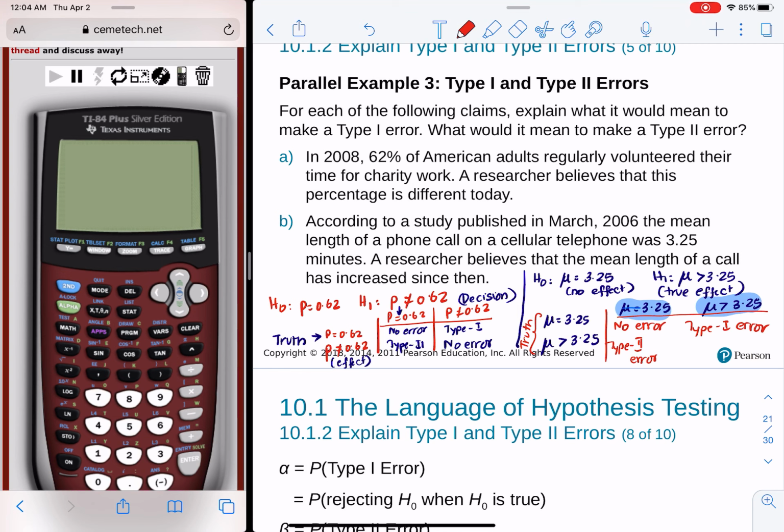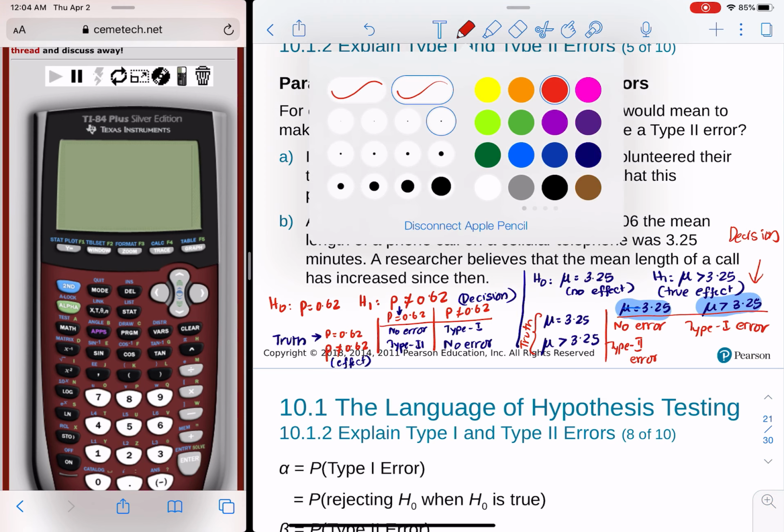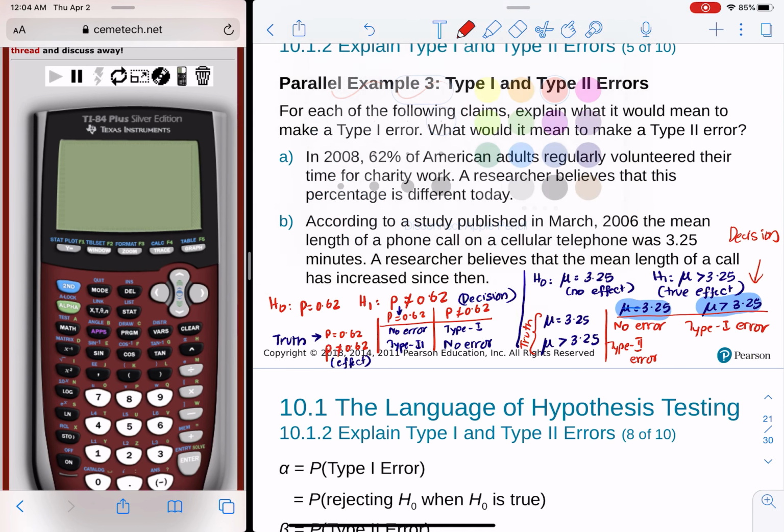And the last case is that in reality, the mean length of a telephone call has increased from 3.25, and the conclusion that our test gives us, so that's our test decision, is also a mu greater than 3.25, then we made no error, hence there is no error here.